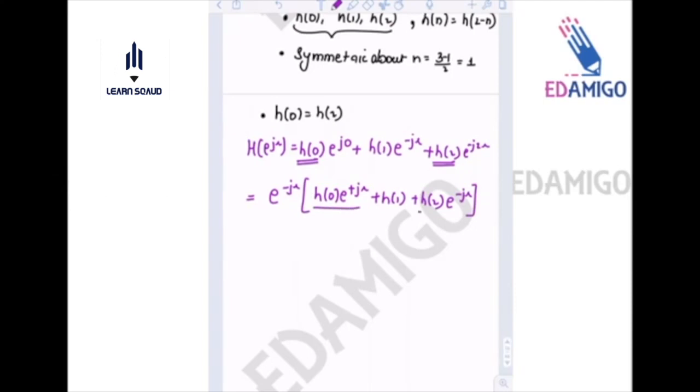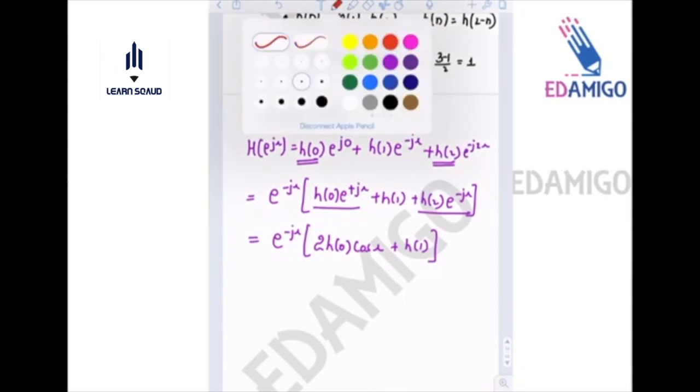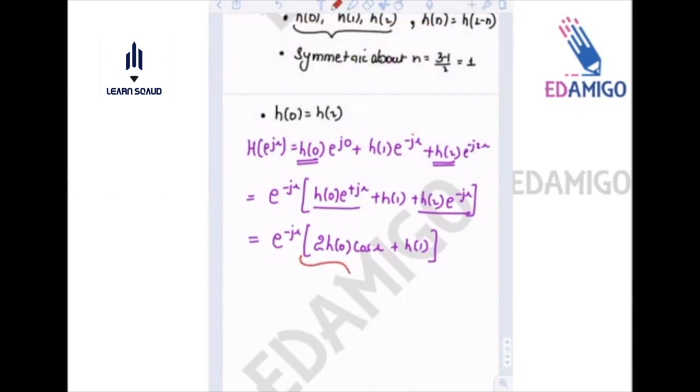So these two terms in H0 and H2 are equal, so they will form a cos term. So e to power minus j sigma times 2 H0 cos sigma plus H1 is the H e to power j sigma. Now we can easily say that this is the magnitude part of the H e to power j sigma, and this is the phase part.